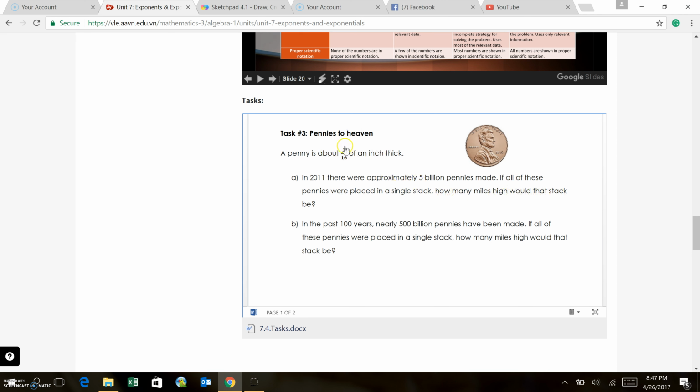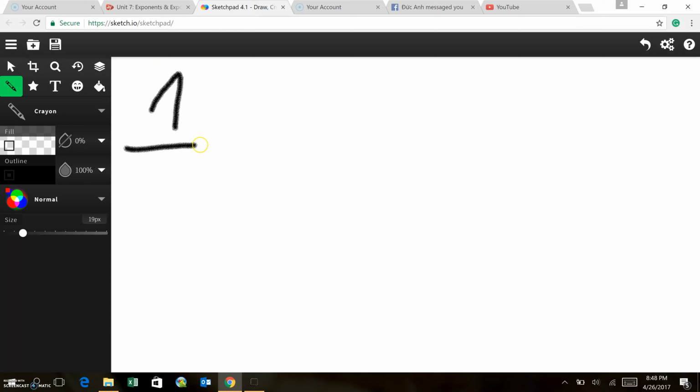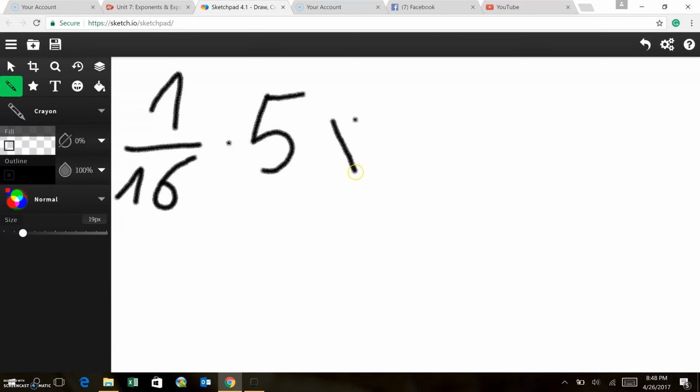So first we know that 1 penny is 1/16 inch thick. So what I'm gonna do here is take 1/16 and multiply by 5, and in this way I'm gonna write it in scientific notation, which is 5 times 10 to the power of 9.